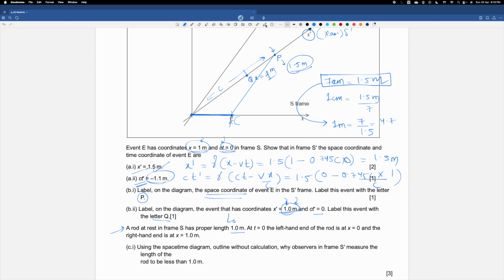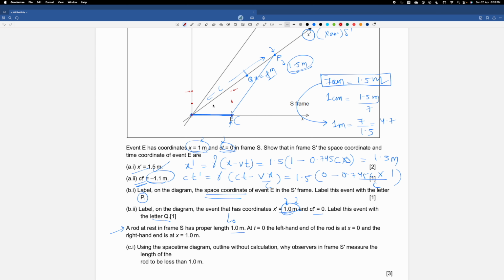Keeping this in mind, if he is measuring the first end at this CT time period, he has to measure the other end at the same CT time period.